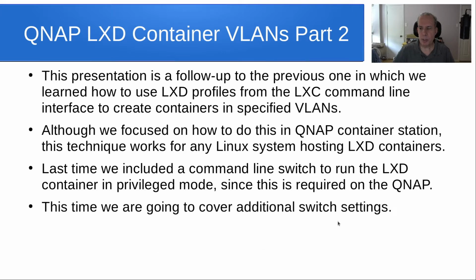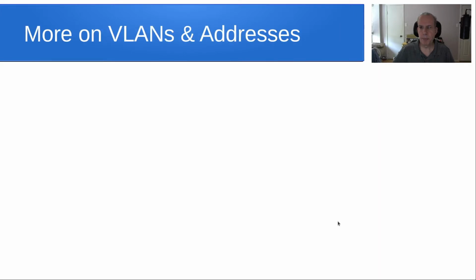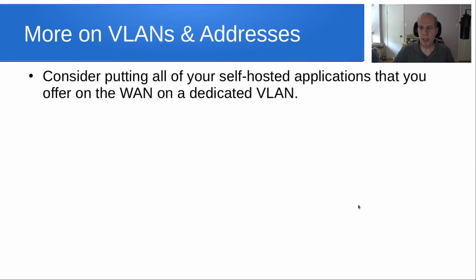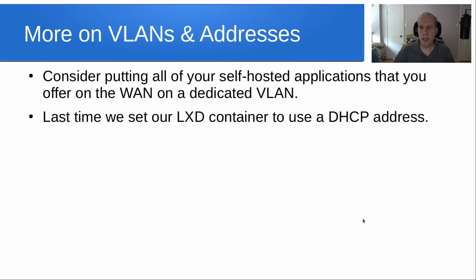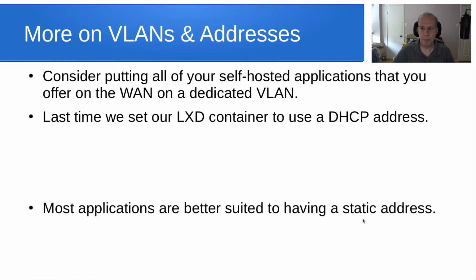This time we're going to cover additional switch settings. So, more on VLANs and addresses. Consider putting all of your self-hosted applications that you offer on the WAN on a dedicated VLAN. Last time we set our LXD container to use a DHCP address.